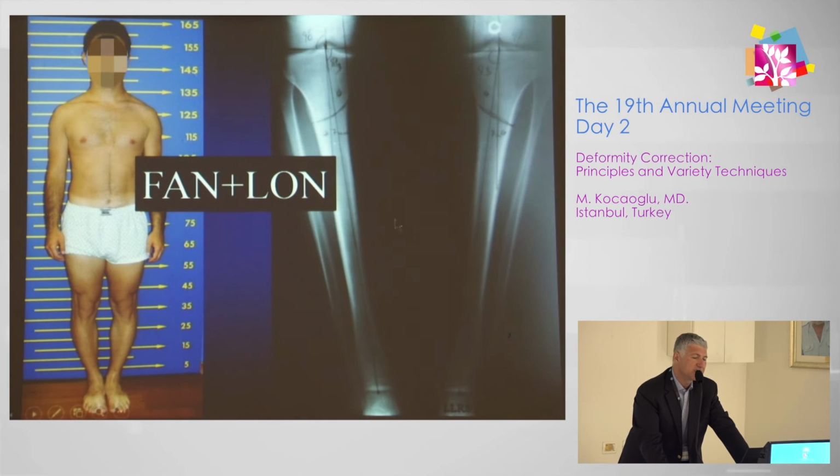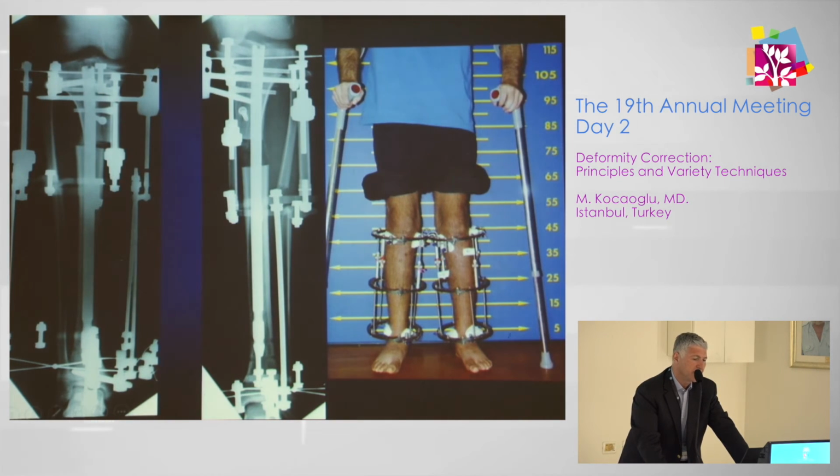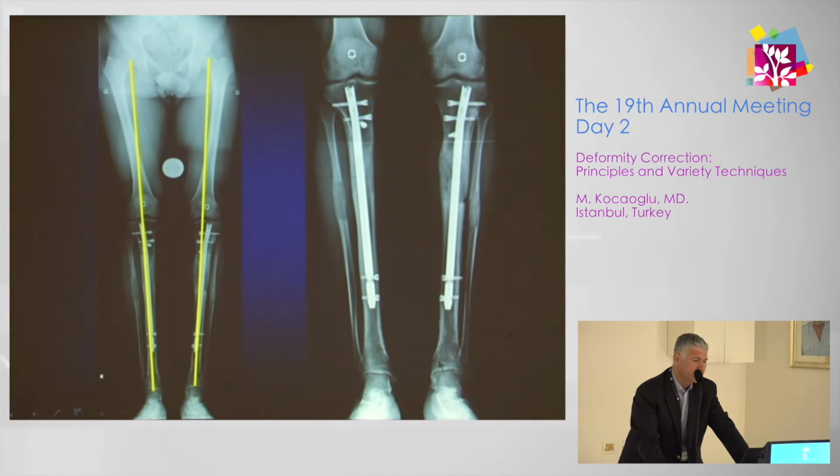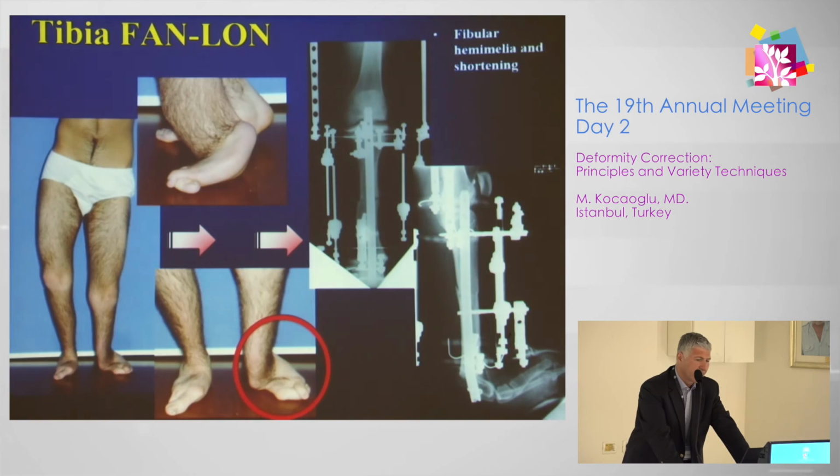So I use this fixator-assisted nailing plus lengthening over nail technique at the same time. You see acute correction of the deformity and the start of lengthening with a circular frame. And this is after finishing the operation, lengthened by 4 centimeters and both crooked bones corrected.